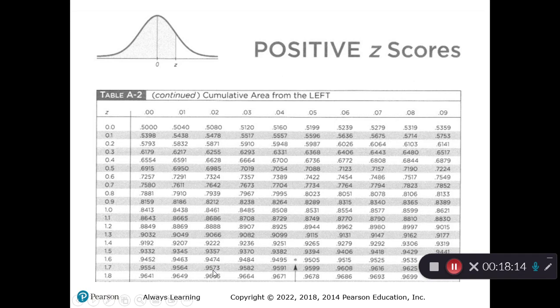And we see that that area would be equal to 0.9573. So 0.9573 would indicate the total area to the left of that z-score of 1.72.